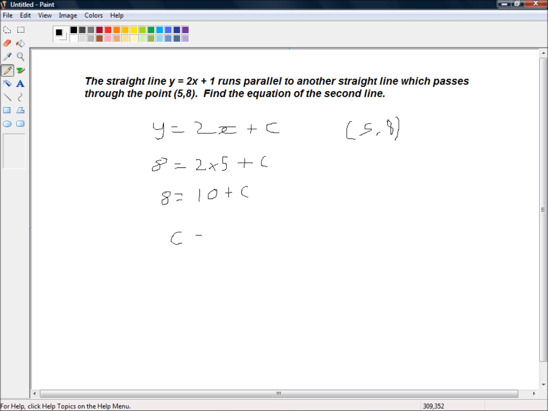So c is equal to 8 minus 10. I've just moved that 10 to the left and therefore it's changed sign. So c is equal to -2. So the equation for the line we're looking for is y equals 2x minus 2.